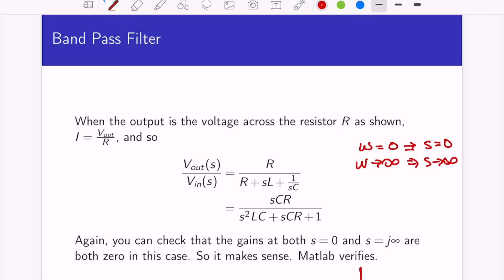So what we have, there we go. That means that we start off at 0, we end up at 0, and somewhere in between we go up. And so that is what we call a band pass filter. Again, you could go into MATLAB and plot this and see that this is the case.